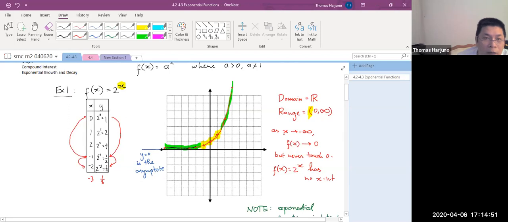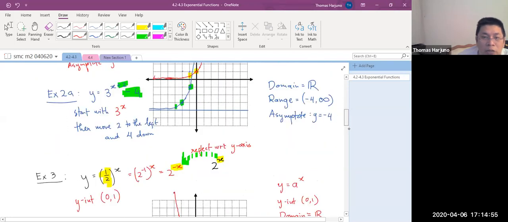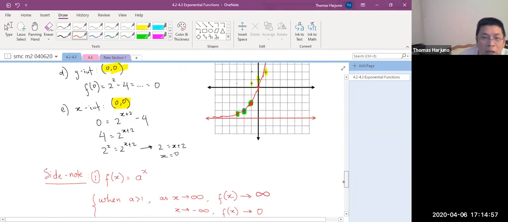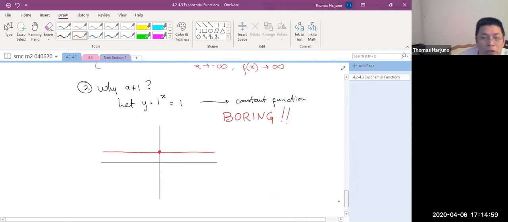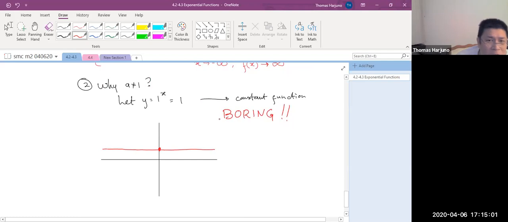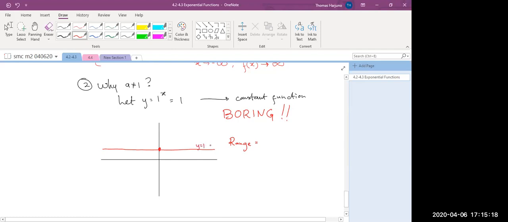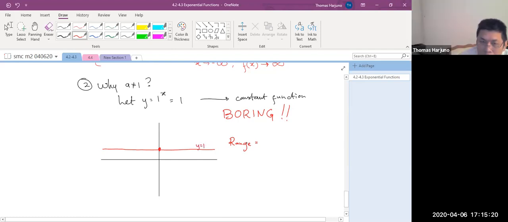It doesn't have an x-intercept, but the difference is, of course, the range. The range is not 0 to infinity anymore. What is the range here? 1 to infinity?